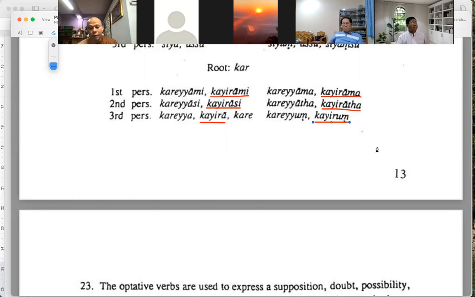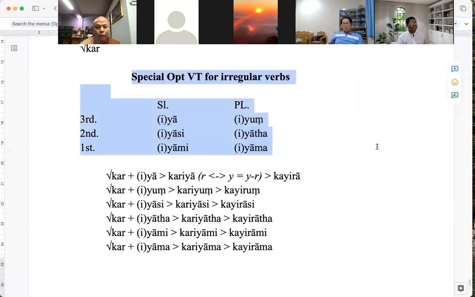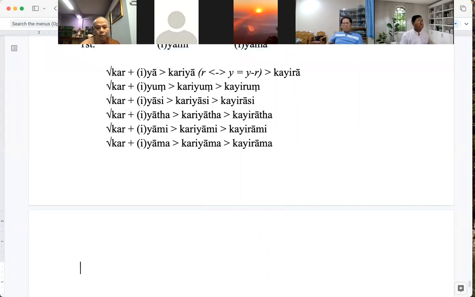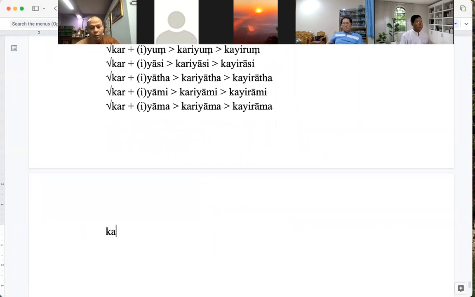So that is why. Now for that root kar, we can have three forms. For the third person singular, your regular form is kariya, and then contracted form kari, and then irregular form is kayira. Okay, that is singular.